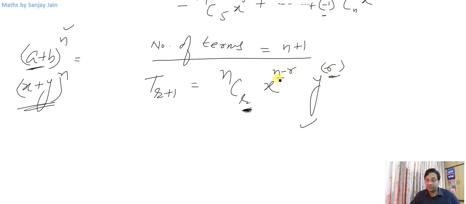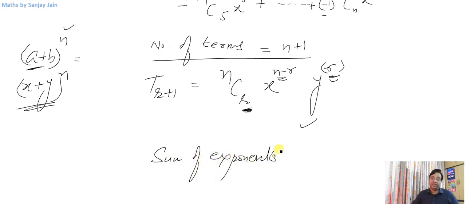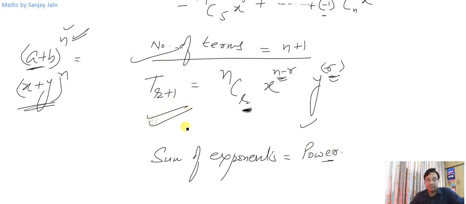Because the sum of exponents of x and y will be equal to the power that the binomial is raised to. This is one thing that we have learned. This is another thing. This is the third thing.